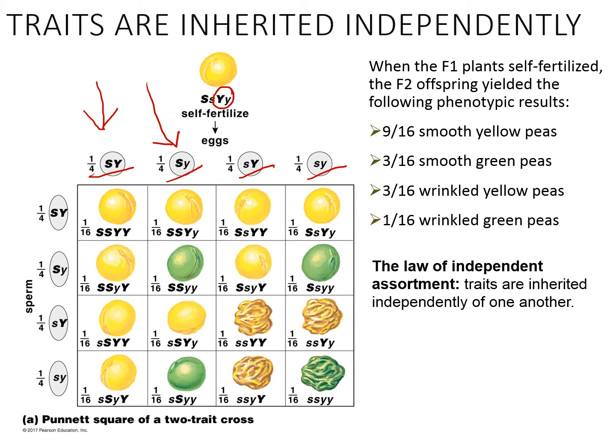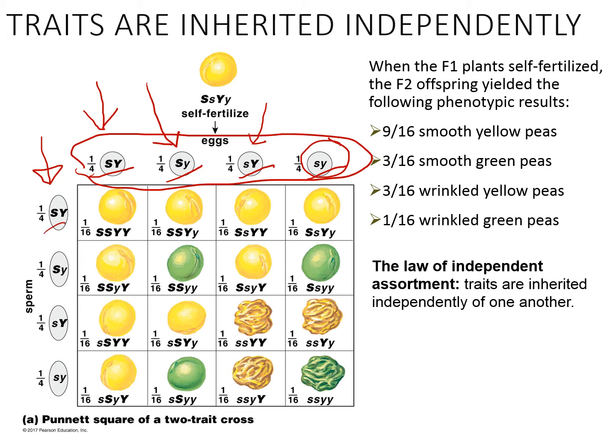Let's look at the next one. So the next one is a little s. So half the time there's a little s, and half the time when there's a little s, there will be a big Y. Half the time there will be a little y. Then we simply draw them down. So these possible gametes, as I said, they're identical as here. So same thing. I'm not going to explain this because it's the exact same explanation.